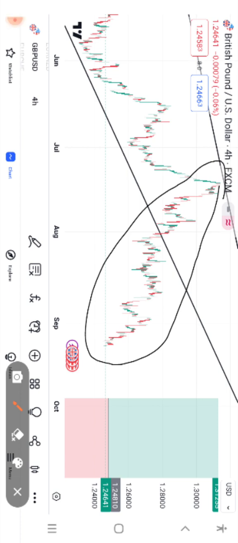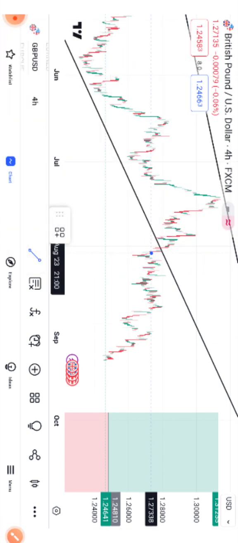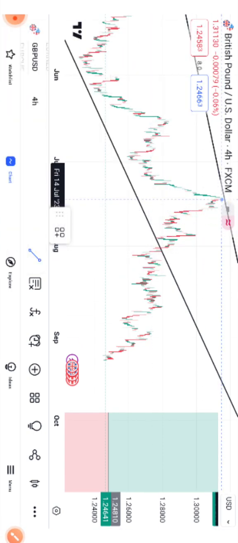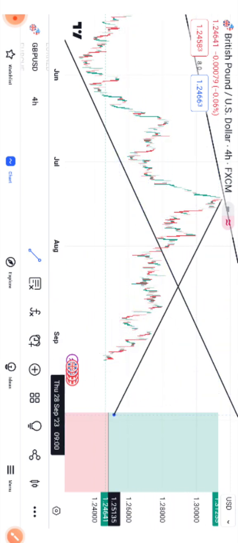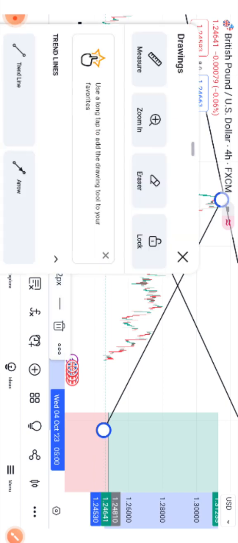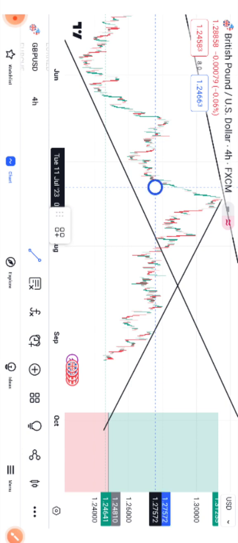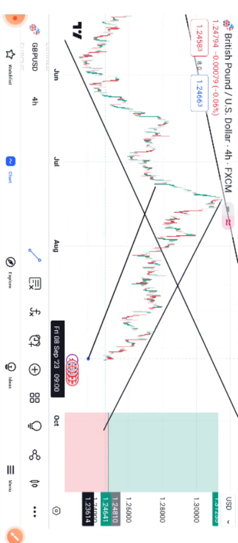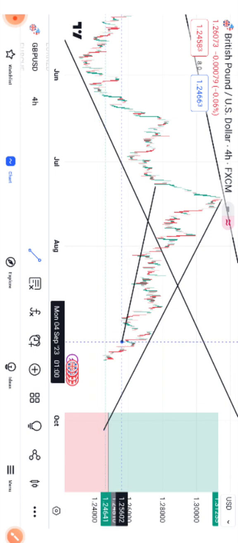If we have this, it's going to help us trade properly, because we're going to draw our trend line here, and we can clearly see that the market might just break towards the upside, right? Might just break towards the upside.